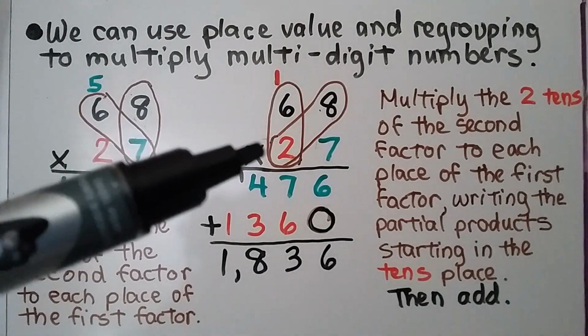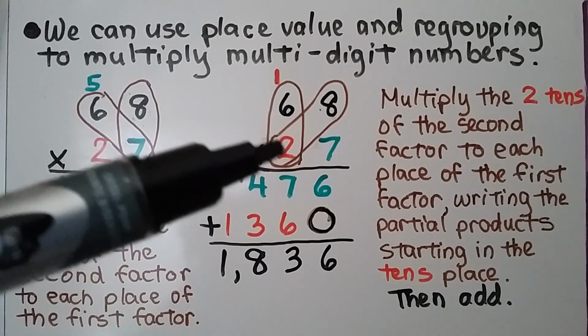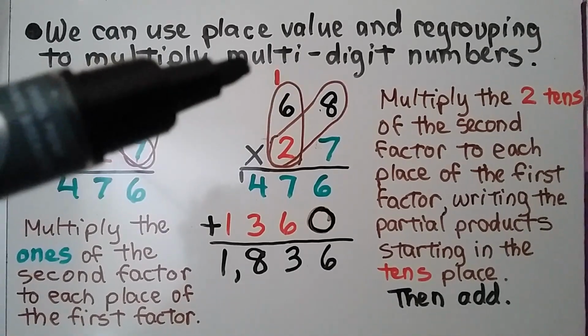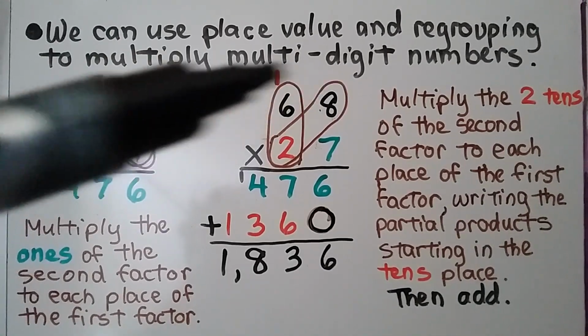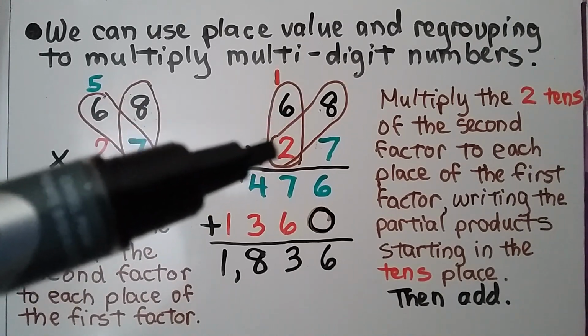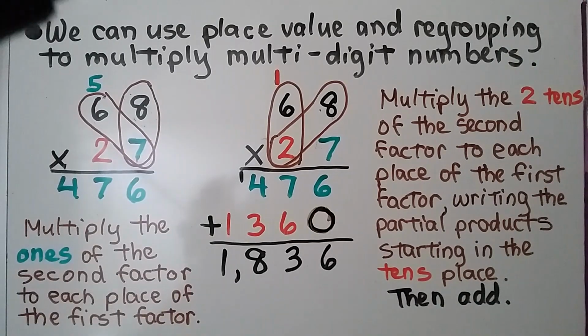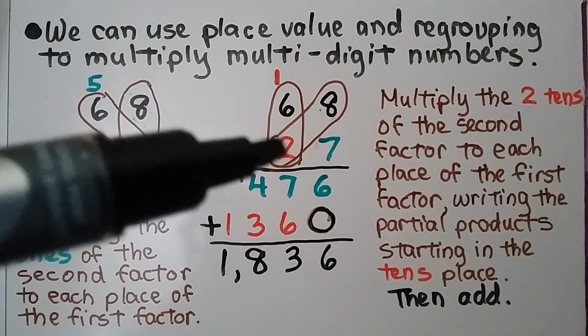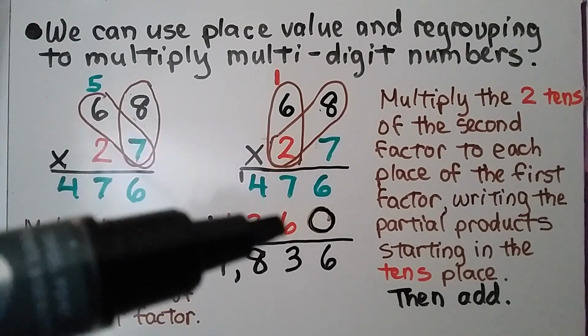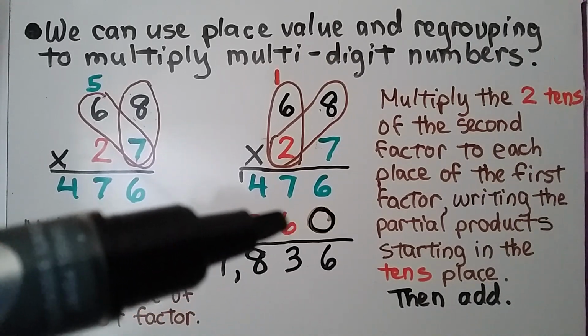Now we multiply the 2 tens of the second factor to each of the place values in the first factor. We start with 2 times 8, which is 16. We regroup the 1 and put the 6 down. And what's happening is, because we're multiplying in the tens place, we can start writing our partial product in the tens place.